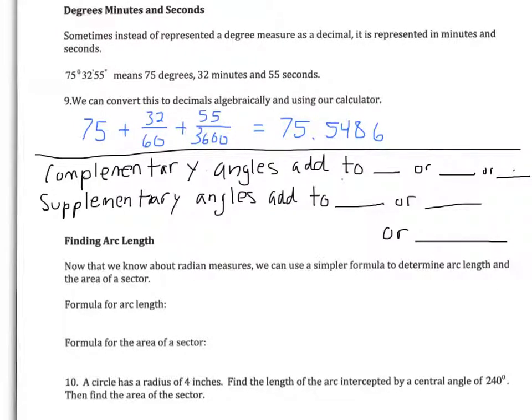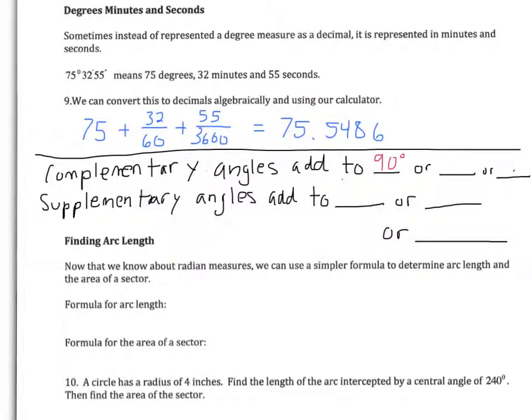Now, there was one section that I forgot to add into these notes, but hopefully it is a review for you, and you can just add it in to your notes right here. So what I forgot to talk about earlier were complementary and supplementary angles. So you guys have been working with these ever since geometry. So two complementary angles would add to 90 degrees, if we're working with angles that are measured in degrees.